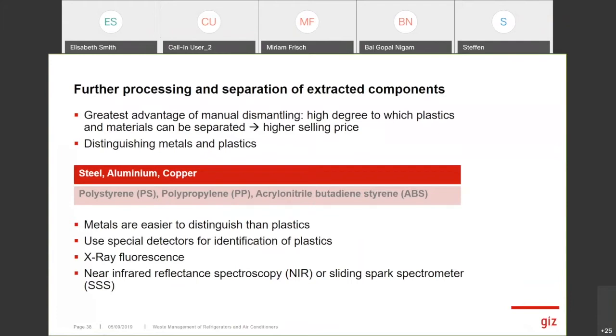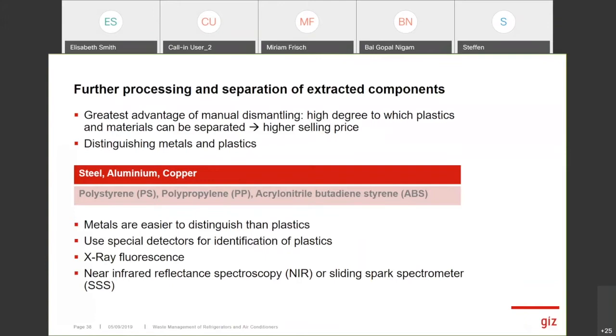Generally, metals are easier to distinguish than plastic. Some components already have a label on the materials, for example, on plastic materials from the housing and doors and so on.